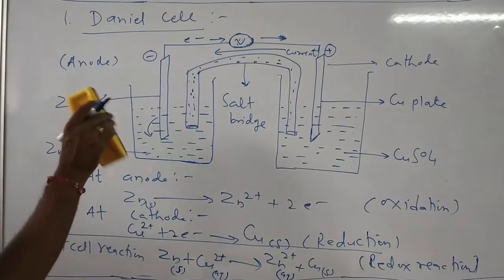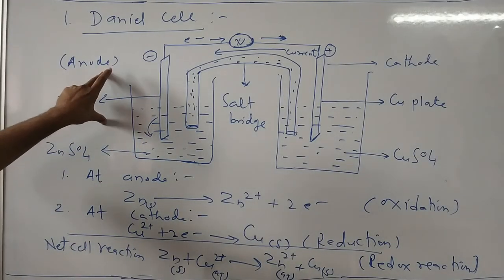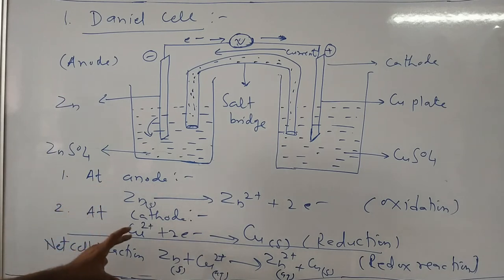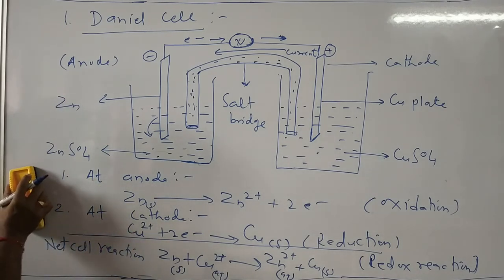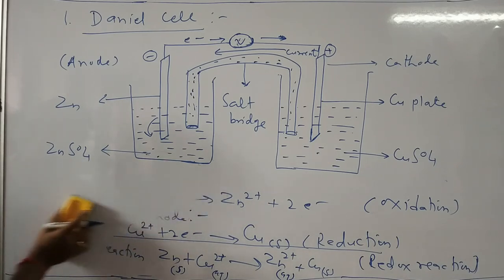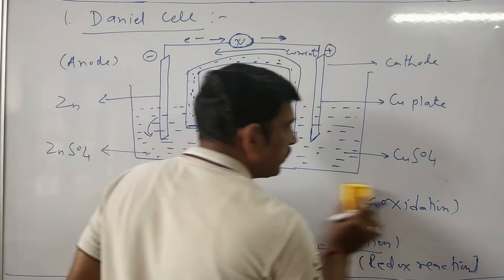So this is the complete information about the construction of the Daniell cell and what type of reaction takes place. Then we will write how to represent a cell.